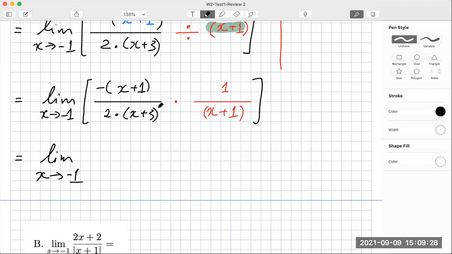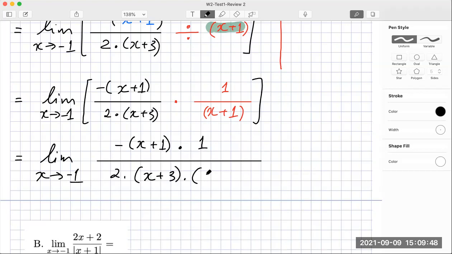Now, this is the multiplication of two fractions. Therefore, we can multiply the numerator together and the denominator together. I try to do it step by step so that other people can follow it well.